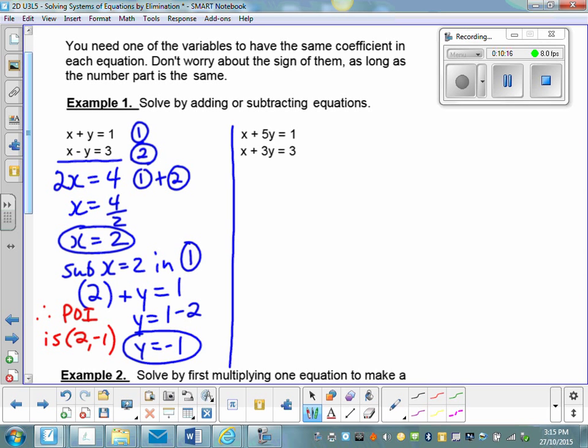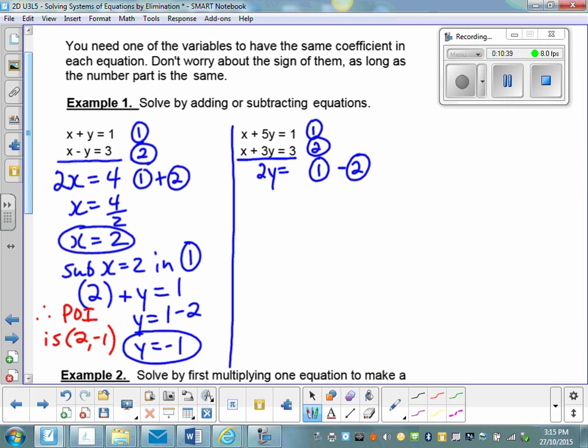And if I come over to these two equations, here I've got an x and an x. So the only way that I'm going to eliminate the x's there is by doing equation 1 subtract equation 2. Because if I do 1x subtract 1x, then I have no x's. 5y minus 3y is going to be 2y.